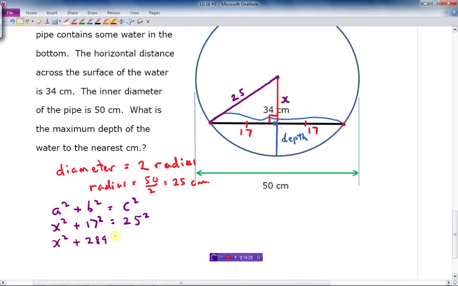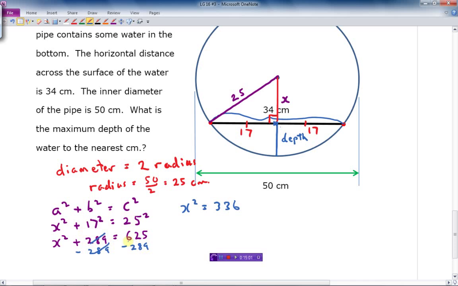Then I'm going to get x by itself, so I have to get rid of that 289. I'm going to subtract 289. This gives me x squared equals 336.